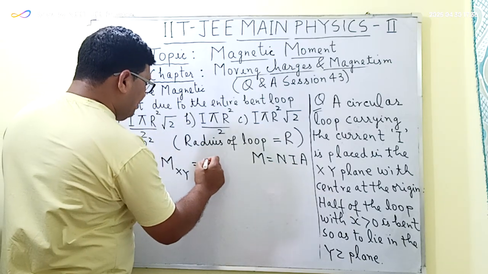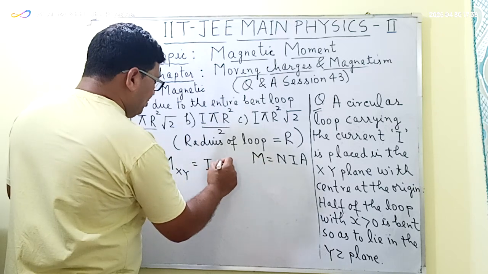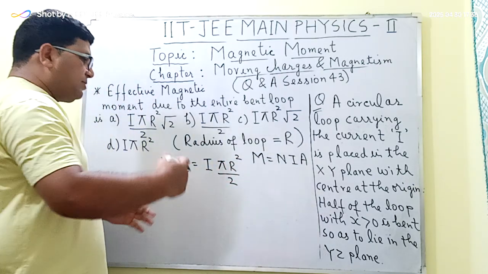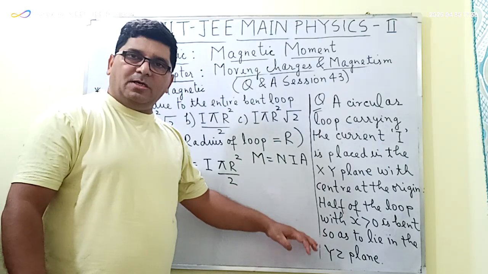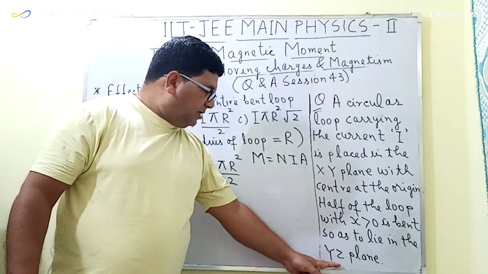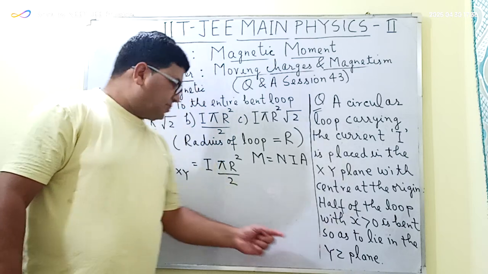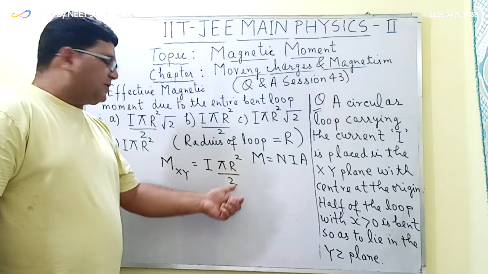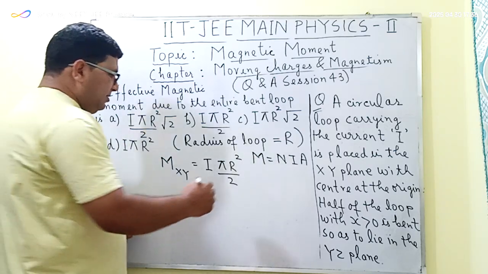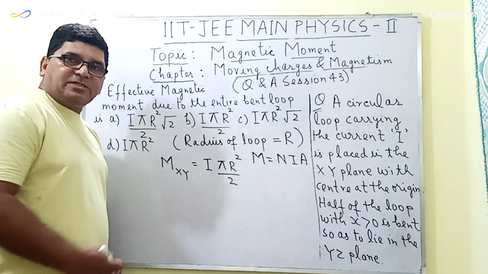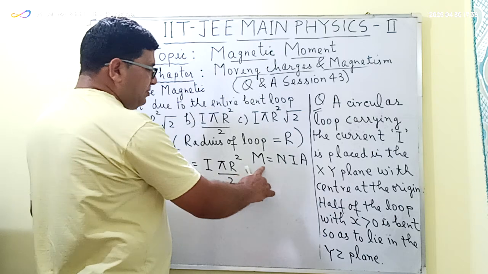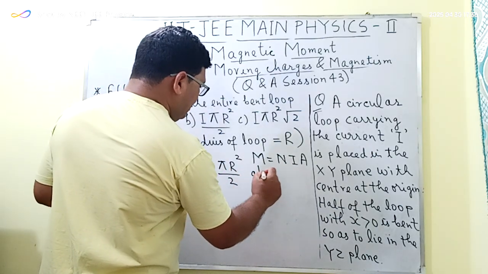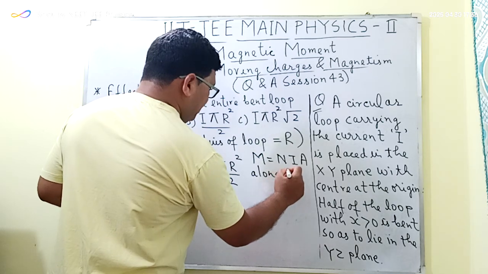Area of cross section will be equal to pi r square divided by 2 because it is bent in such a way that half of the loop is lying in the YZ plane. So the area of cross section which is lying in the XY plane will be equal to pi r square divided by 2. And the direction of this magnetic moment, as per the right hand thumb rule, will be along the Z direction.